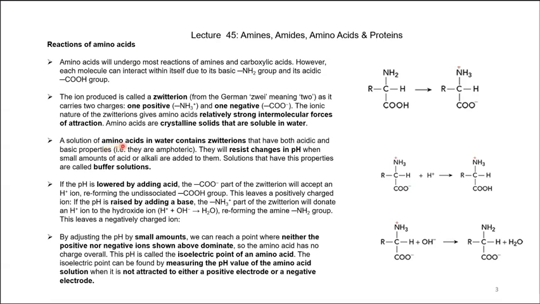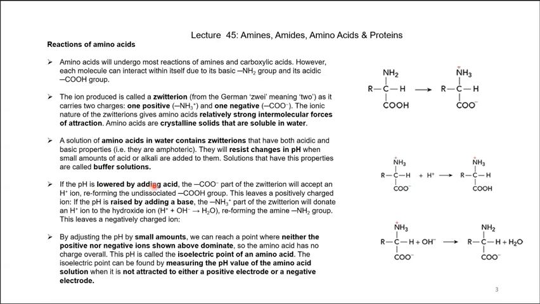The solution of amino acid in water contains zwitterions, as I said already, and that can resist change of pH. How? If we add a little bit of acid or alkali, we see there is no change in pH, and that is what we call a buffer solution.